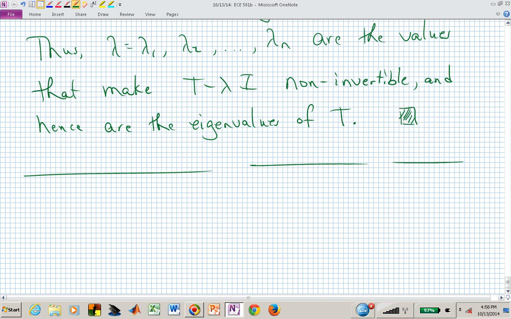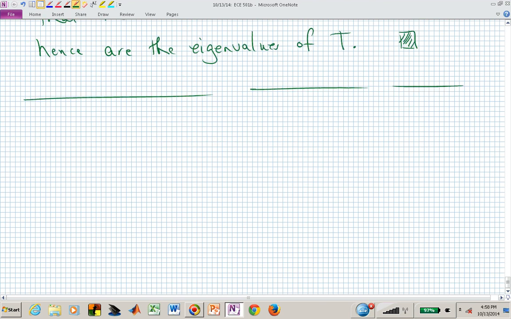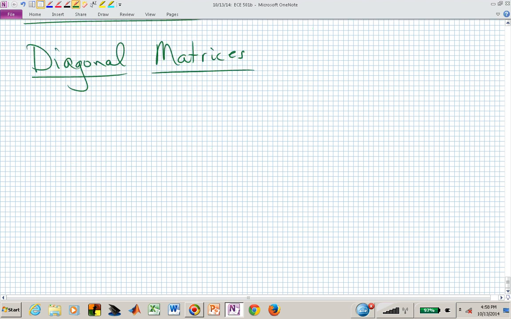So let's now look a little bit at these new matrices, which again are simply matrix representations of linear operators: diagonal matrices.